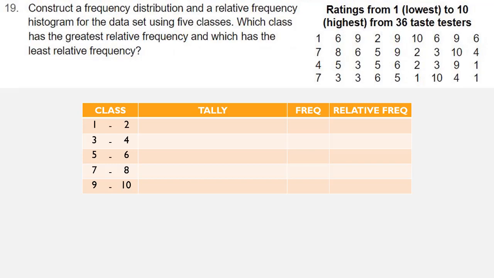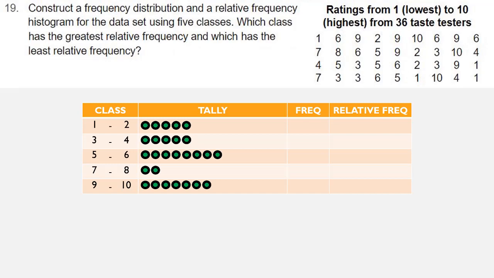So we're just going to go through the data values one at a time. 1, 6, 9, 2, 9, 10, 6, 9, 6, 7, 8, 6, 5, 9, 2, 3, 10, 4, 4, 5, 3, 5, 6, 2, 3, 9, 1, 7, 3, 3, 6, 5, 1, 10, 4, 1.